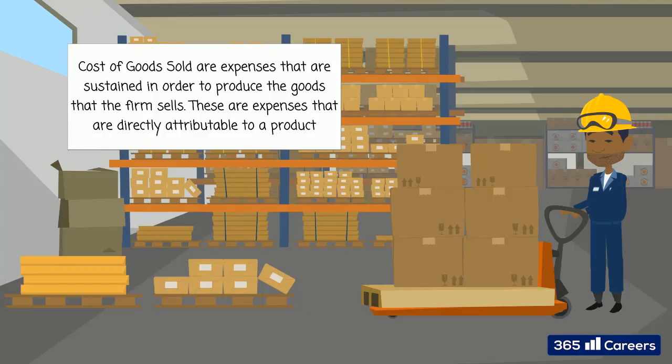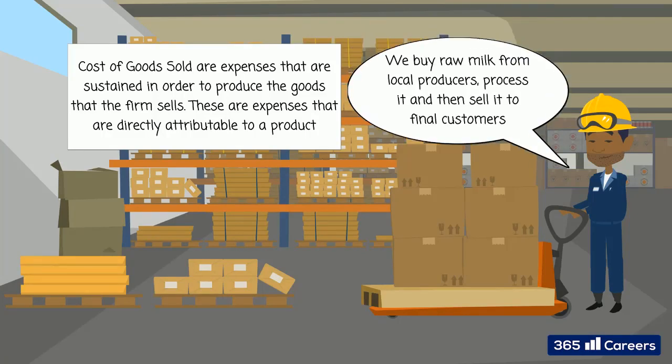Cost of goods sold are expenses that are necessary to produce the goods that the firm sells. Our dairy company needs to buy raw milk from local producers, transport, process, and then package it before it can sell it to the large supermarket chains. It sustains additional costs in order to produce cheese from the milk.